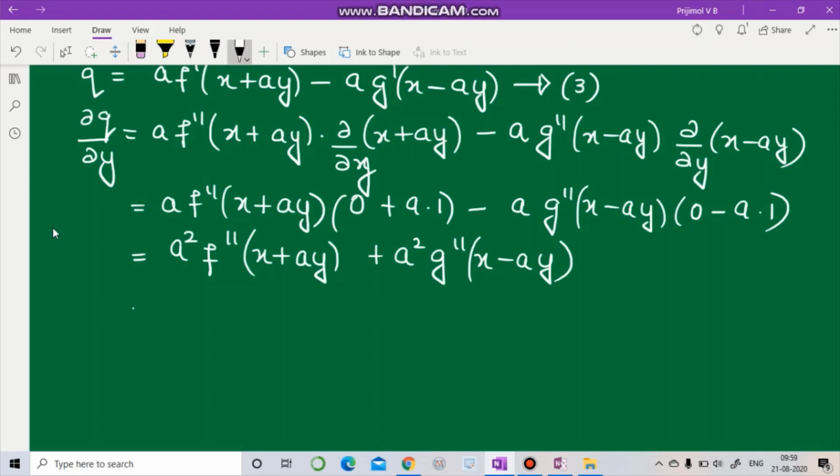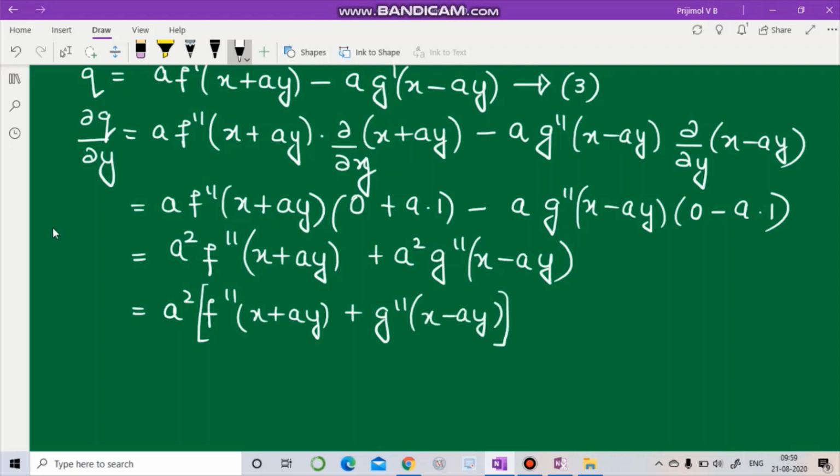Now you can take a square common. Now dou q by dou y is nothing but t. You can call this equation number 5.